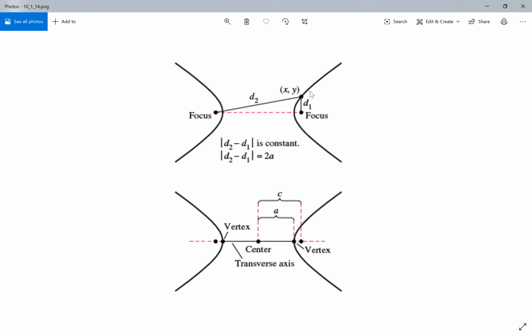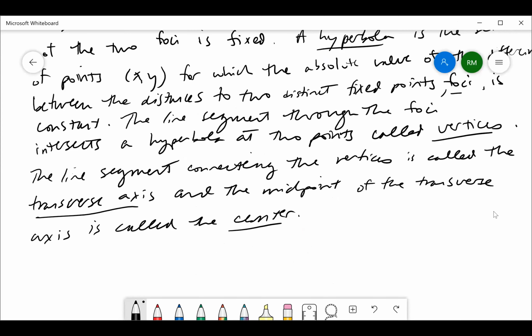We see that the distance from our point (x, y) to one focus minus the distance from the point (x, y) to the other focus is a constant. And the center is halfway between the two vertices. The line that goes between them is the transverse axis. All right, so let's go back to the initial screen. And let's give you the standard form of a hyperbola.